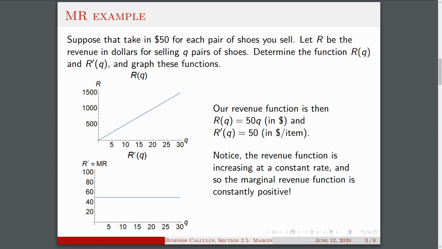And notice that the revenue function is in dollars, the amount that we take in. The marginal revenue function will have the same units as the slope of the revenue function, which is dollars per item. All right.